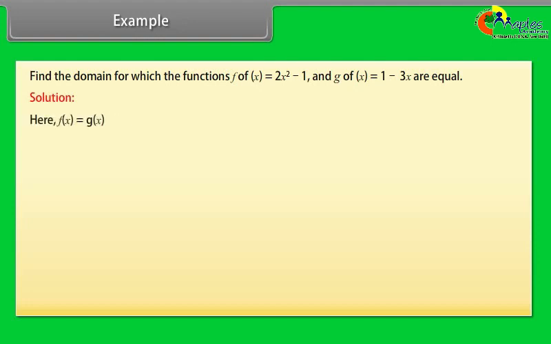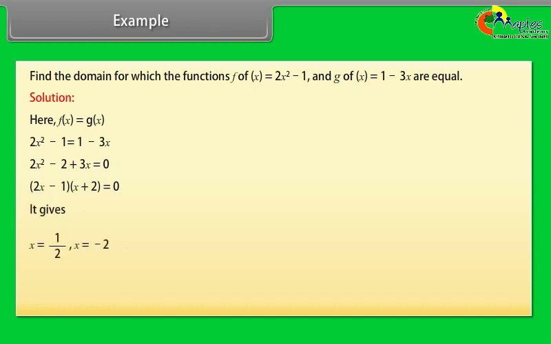Here, f(x) = g(x). 2x² - 1 = 1 - 3x. 2x² - 2 + 3x = 0. (2x - 1)(x + 2) = 0. It gives x = 1/2, x = -2. The required domain is {1/2, -2}.